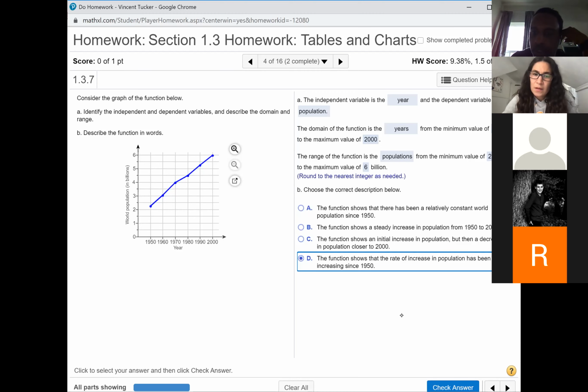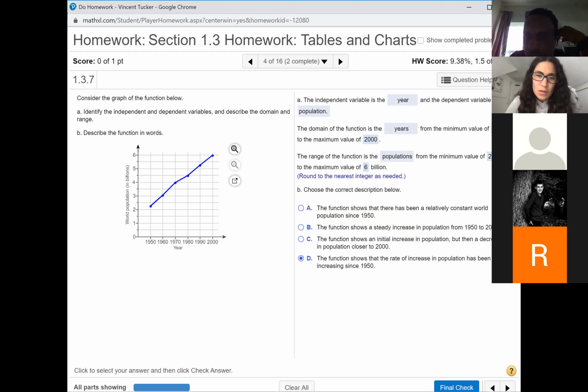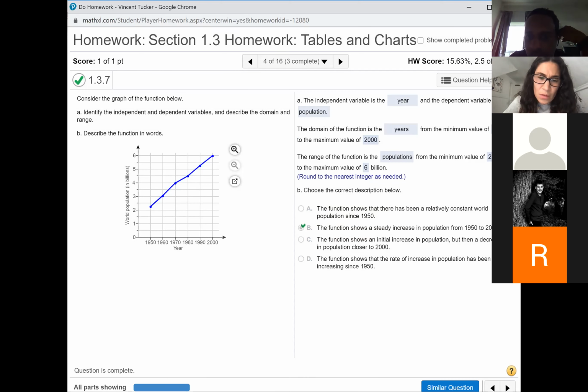Yeah, so it should be D. Oh, guess not. So the function shows a steady increase. Let's just play with words. Anyway, B was the function shows a steady increase from 1950 to 2000.